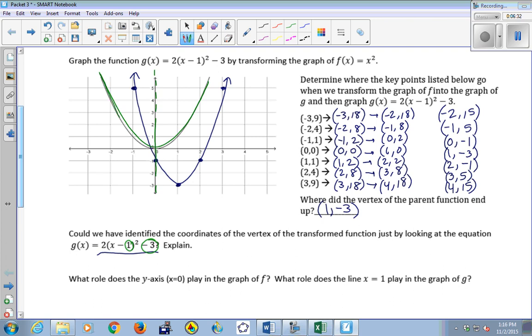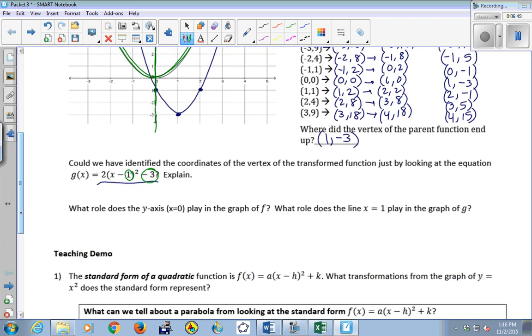So it's acting like a mirror, right? The left half and the right half are mirrors of each other, and the line, the y-axis, is a line of symmetry. So we call it the axis of symmetry.